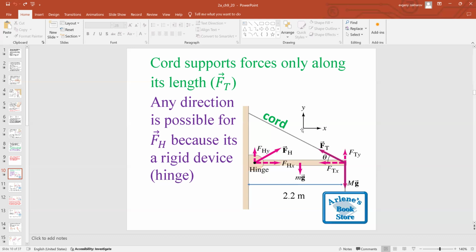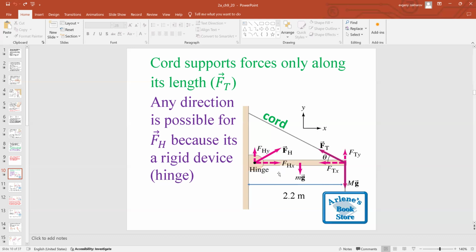Remember, you do x components separately from y components, and then you get the net x component, the net y component, and after that you can do the net result for the vector. You'll get the magnitude from the Pythagorean theorem or the distance formula, and then you do the reference angle based on the direction of those net components.